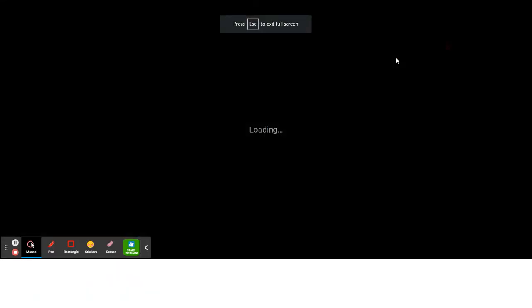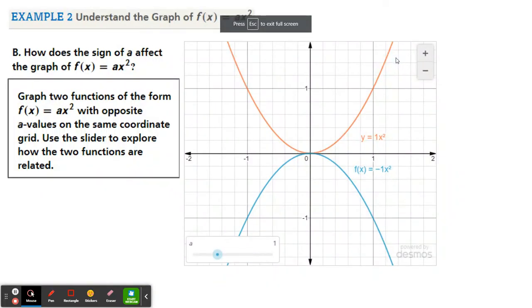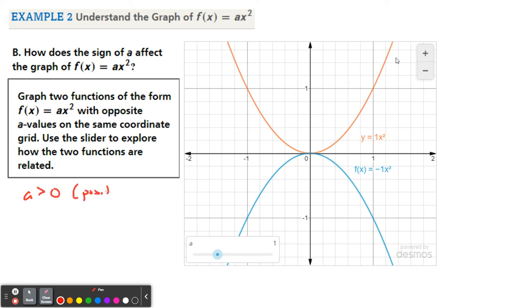So when your a value is greater than 0, when it's positive, your parabola is going to open up. And remember that that vertex is then going to be a minimum.